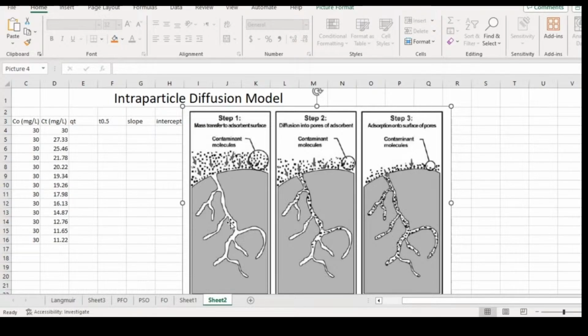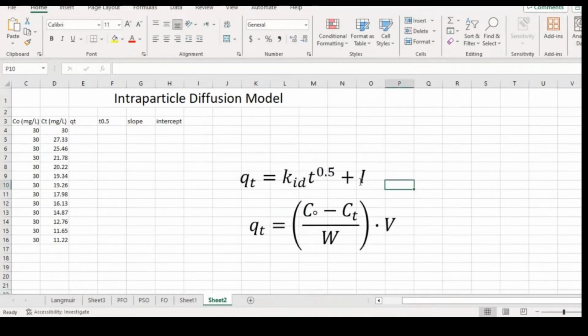The equation for this model is Qt equals KID times t to the power half plus I. I is basically the thickness of the layer, and K is the intraparticle diffusion constant. This model is also called the Weber-Morris model or the IPD, intraparticle diffusion, model.